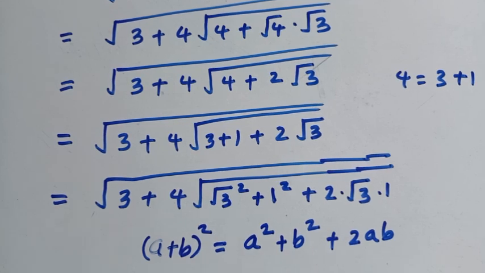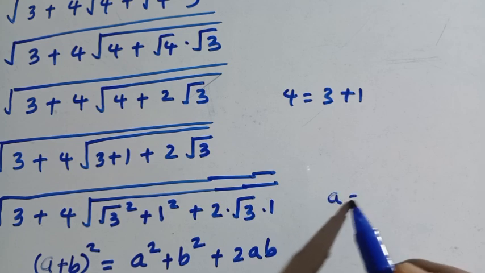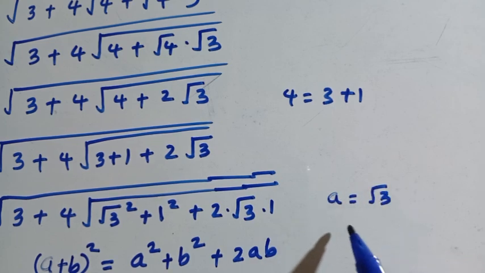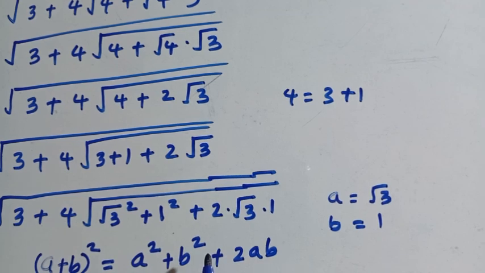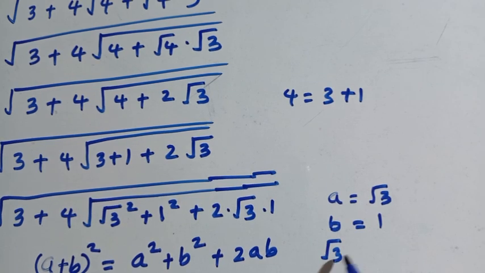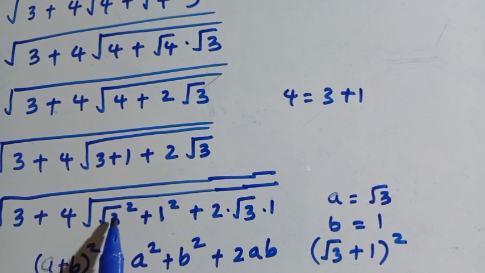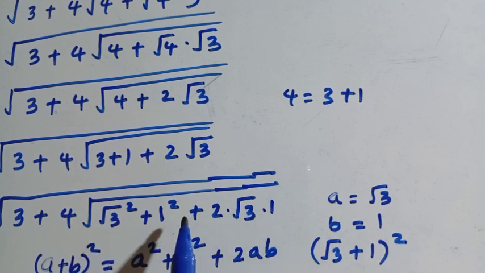And if I assume that the value of a is the square root of 3 and the value of b equals 1, then when we apply this expression, we are going to compress this one as the square root of 3 plus 1 raised to the power of 2. Because the expression here, square root of 3 squared plus 1 squared plus 2 square root of 3 multiplied by 1, when we expand this, we are going to get this.